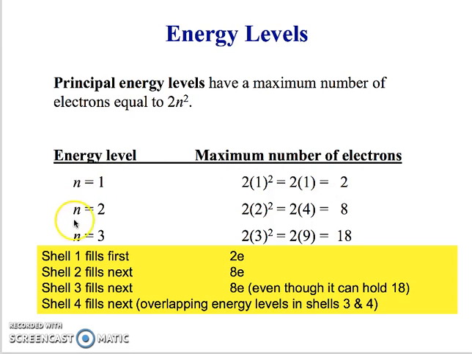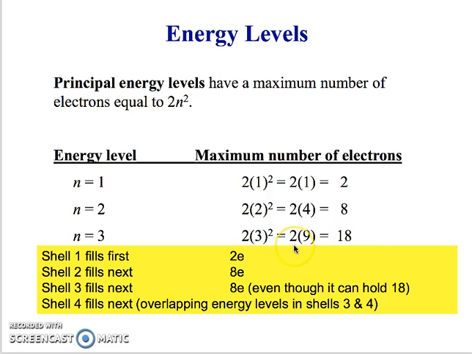You can see with the second energy level, we've got 2 times 2 squared, which is equal to 8. So we can have 8 electrons in the second energy level, or the second shell. And you can see that this increases as we go up in energy level.